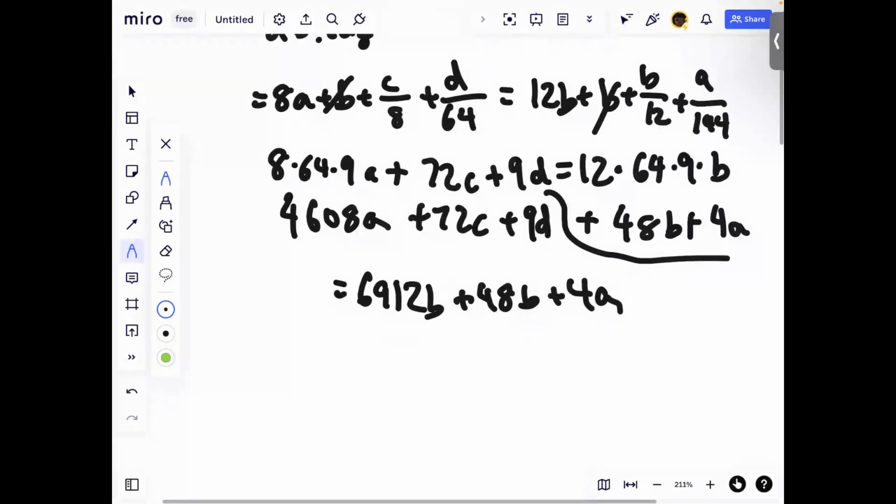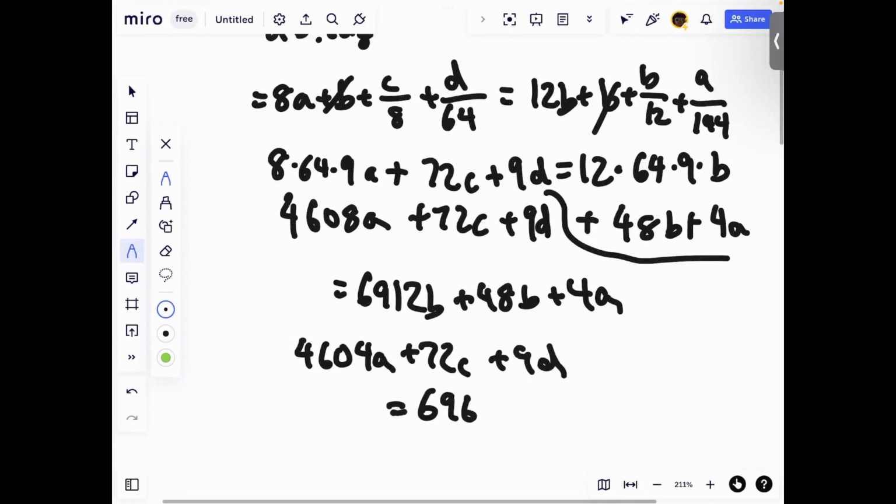That gives 4604A plus 72C plus 9D equal to 6960B.